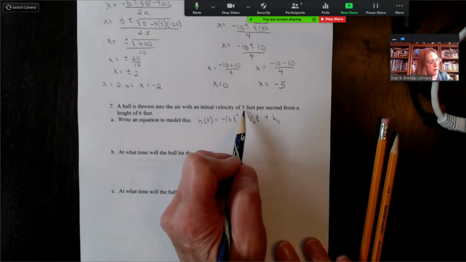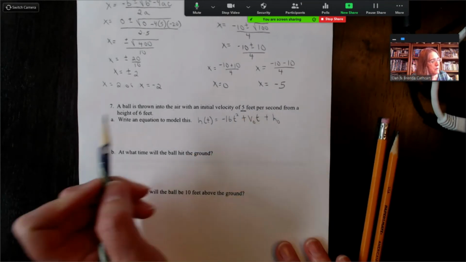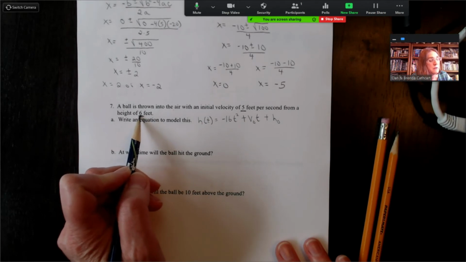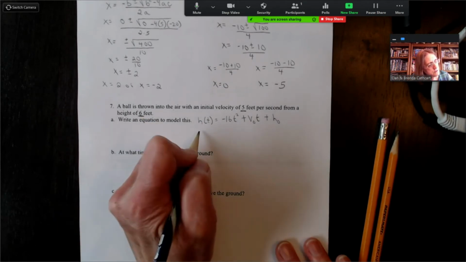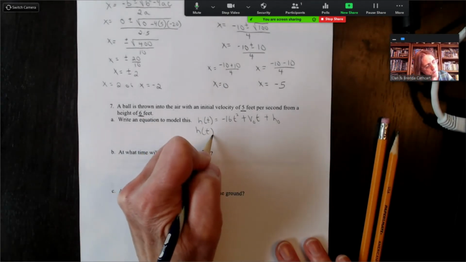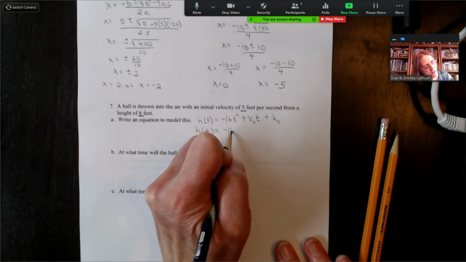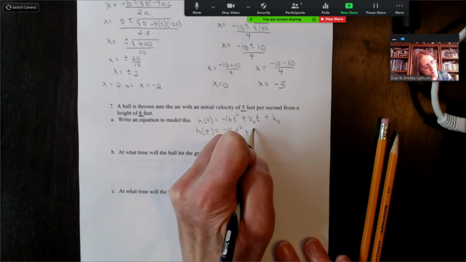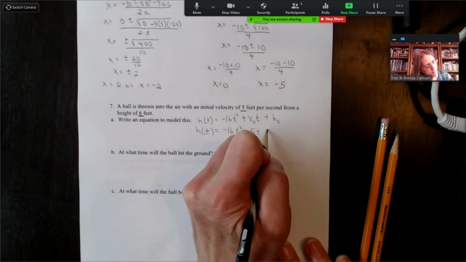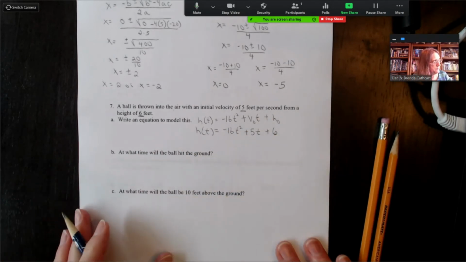So our initial velocity v0 is 5, and our starting height is 6. So our equation is going to be h of t equals negative 16t squared plus 5t plus 6.